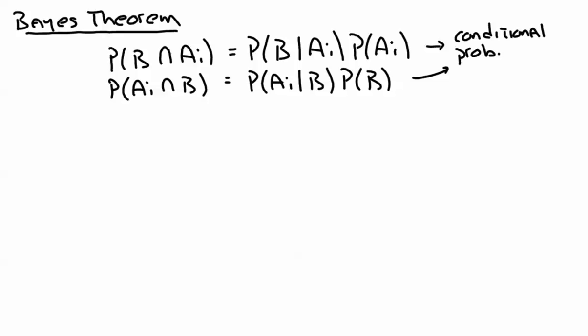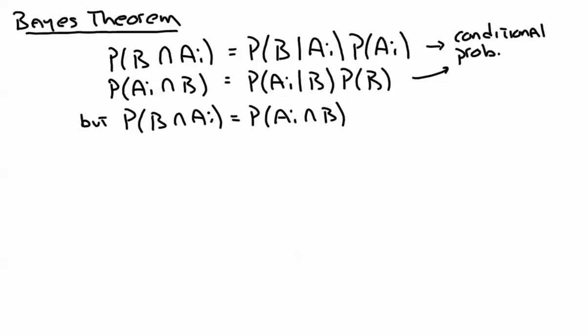But by the commutative property, probability of B intersect A sub I equals probability of A sub I intersect B. Just simply a true statement. Probability of the intersection is the probability of the intersection.